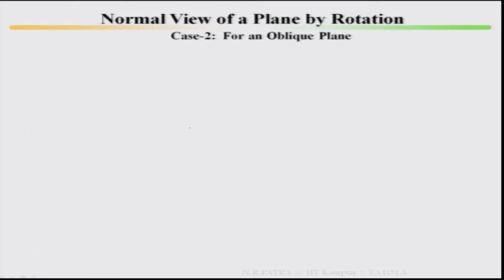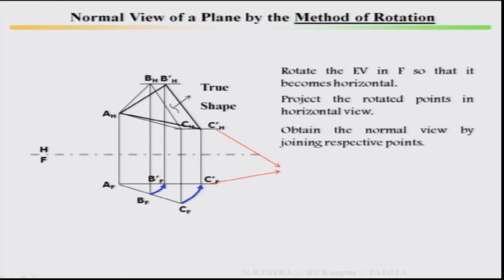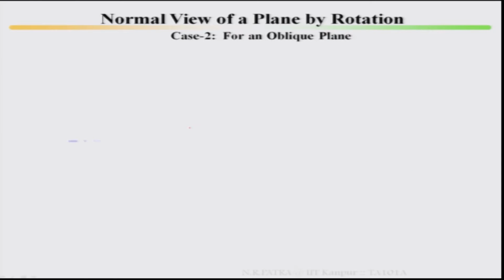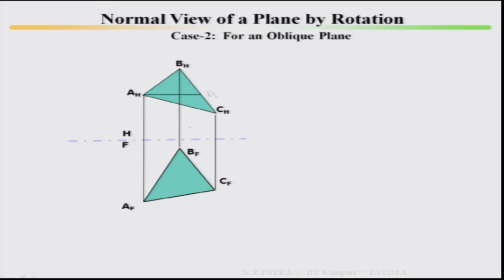Then normal view of a plane by means of rotation, case 2 for an oblique plane, earlier by simple normal view of a plane by the method of rotation. Case 2 for an oblique plane: this is your plane. Then draw a line ADH parallel to your hinge line, then project it back to your opposite view.